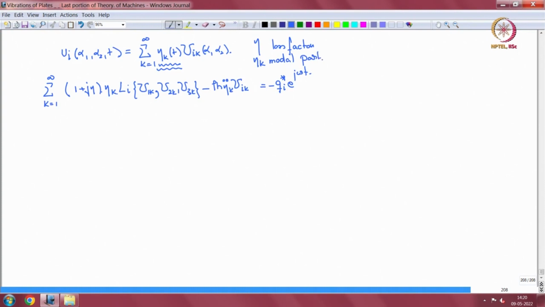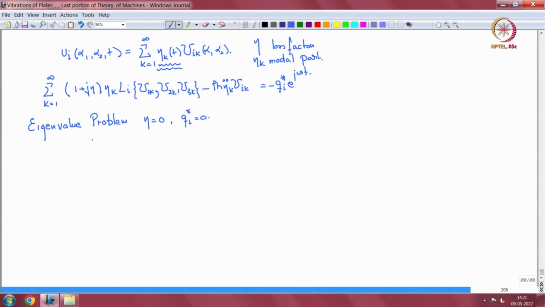Now we know that in your eigenvalue problem we set damping to 0, eta is set to 0 and external force is set to 0. Then what do we have?